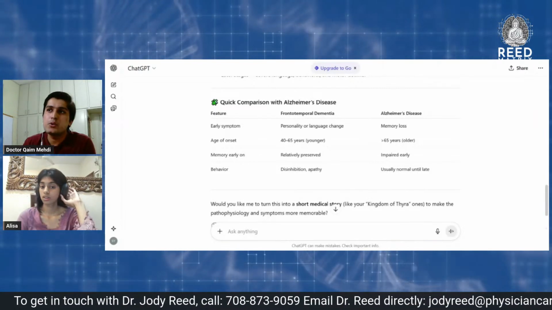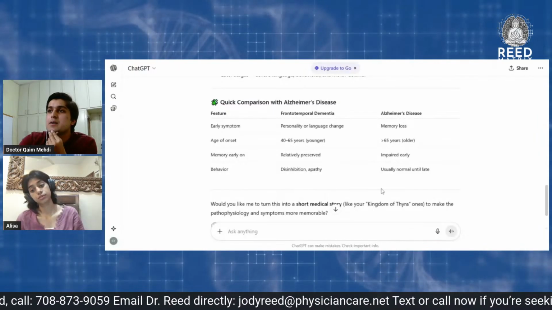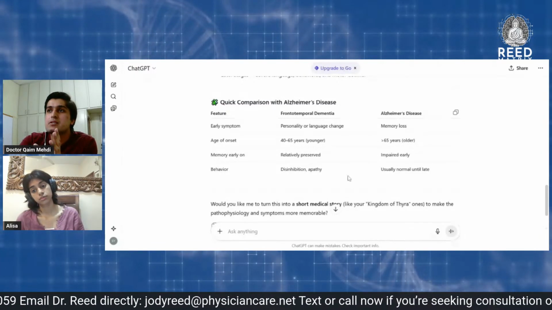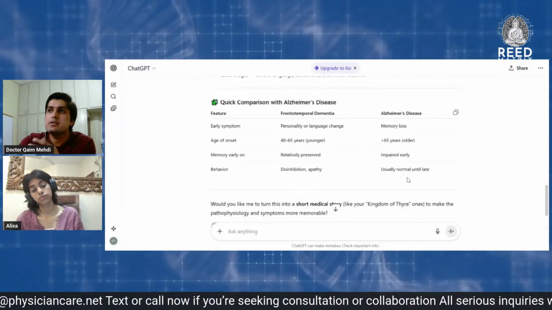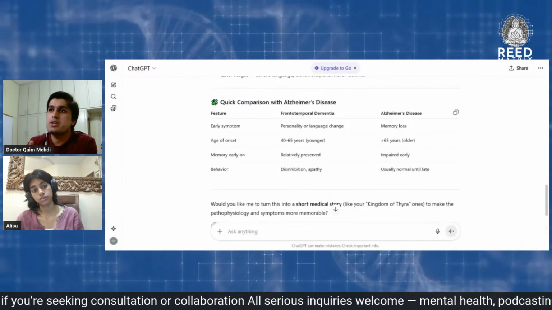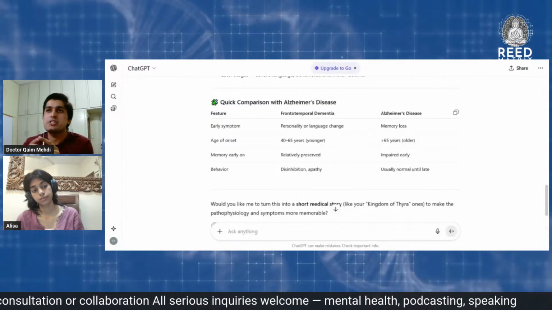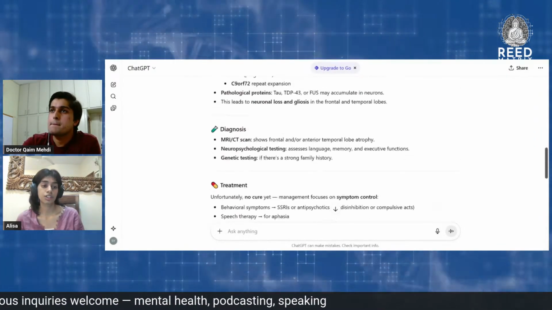He will lose his cognitive emotions ability. But in Alzheimer's, behaviors normally remain the same. They do not change much. In Alzheimer's, the focus is mainly on memory loss, while in frontotemporal dementia, overall personality changes. So it's a mix of everything.